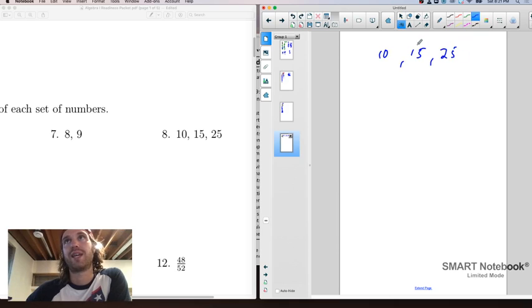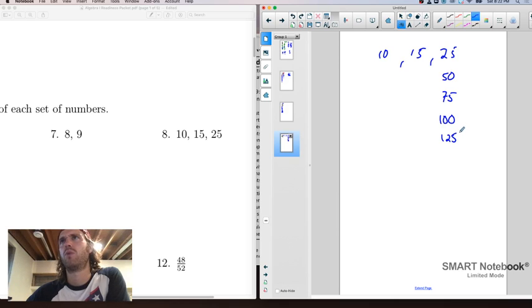So 25 we cannot divide by 15 or 10, so let's go up to the next one. 50, 25 times 2. I can divide it by 10, but I can't divide it by 15, so that's a problem. 75, I can divide by 15, but I can't divide by 10. Keep going. 100 I can divide by 10, but it's not divisible by 15.